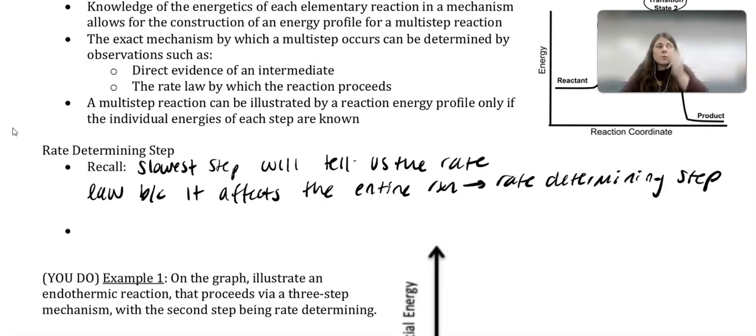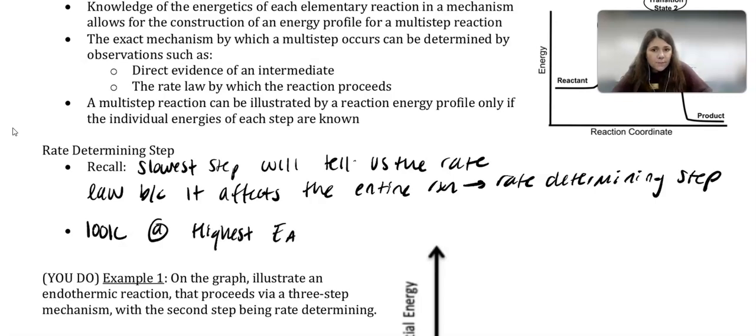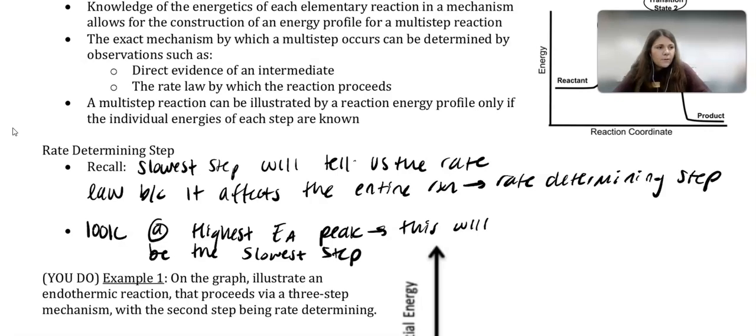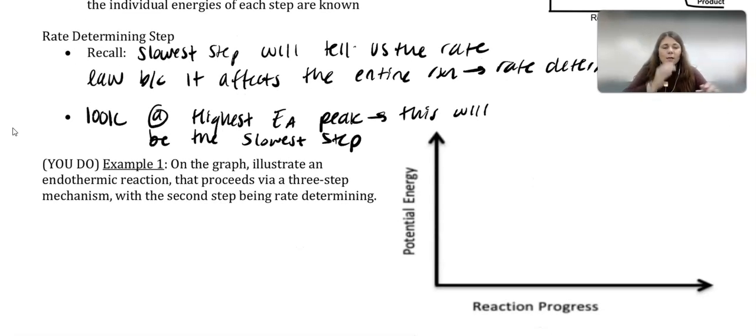So the slow step really shows us what the orders are with respect to those reactants. Biggest thing here, since it's the slowest step, you have to look at the highest activation energy peak. This will be the slowest step.